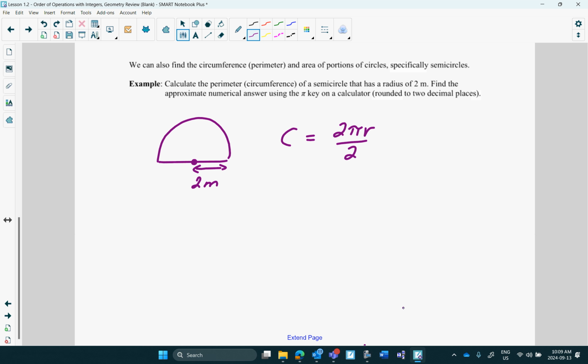But the thing you've got to watch out for is we haven't found the complete perimeter yet, have we? This finds just this part, but this is only part of the perimeter. So we also have to add the diameter.